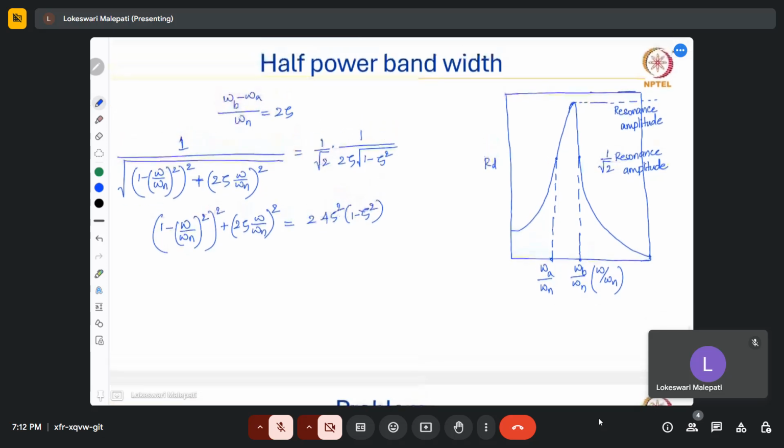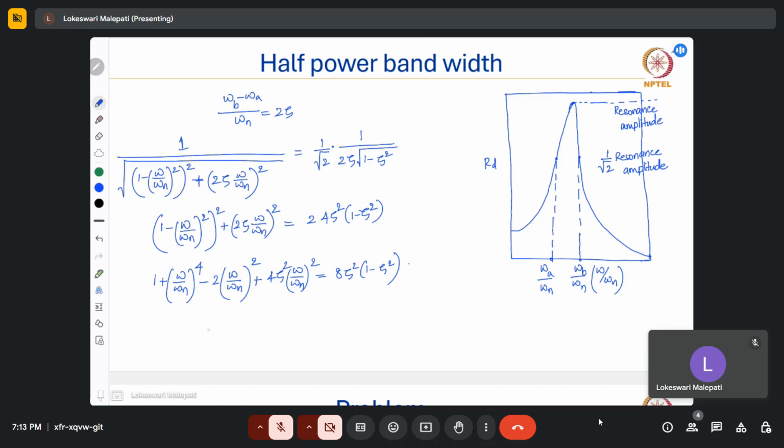So let's further expand this. Plus 4 zeta square omega by omega n the whole square, equal to eight zeta square of 1 minus zeta square.